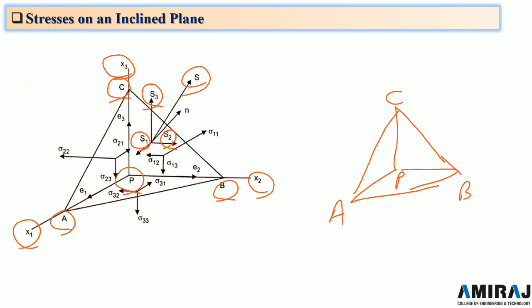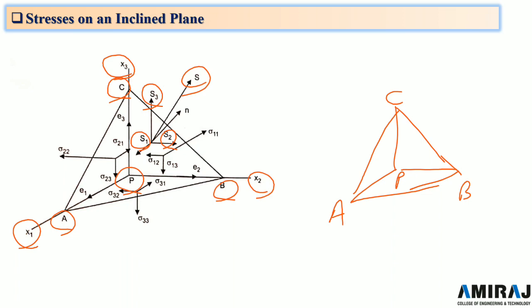Let AS be the area of the triangle face ABC and A1, A2, A3 be the areas of triangle faces BPC, CPA and APB. So AS is the area of this triangle ABC and the other faces have areas A1, A2, A3. Now the trapezoid ABCP would be in equilibrium if the resultant force acting along the three axes is 0.